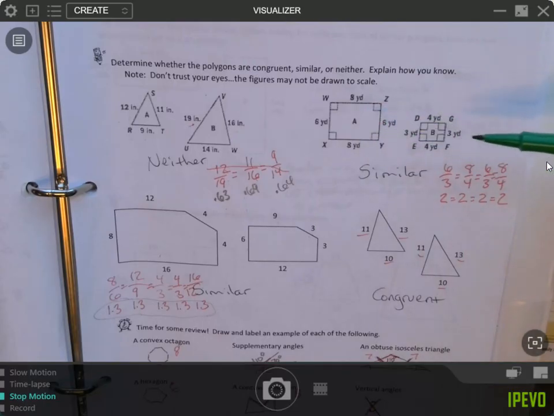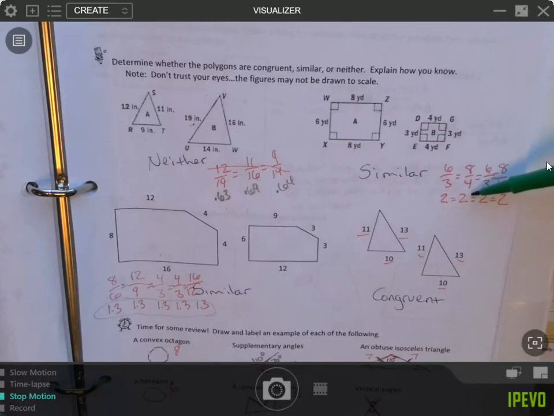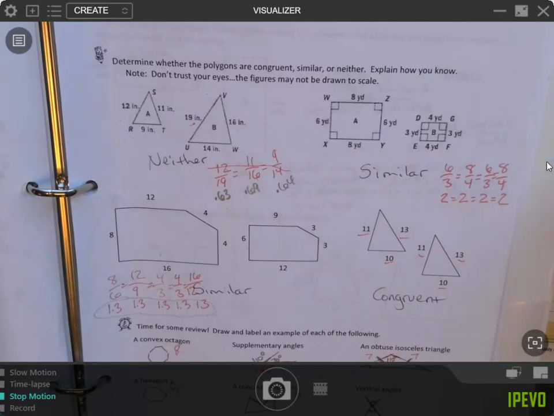Here, we had 6 divided by 3, 8 divided by 4, 6 divided by 3, 8 divided by 4. Each time it equaled 2. So it is similar. It's proportionate because we had that same division going on.